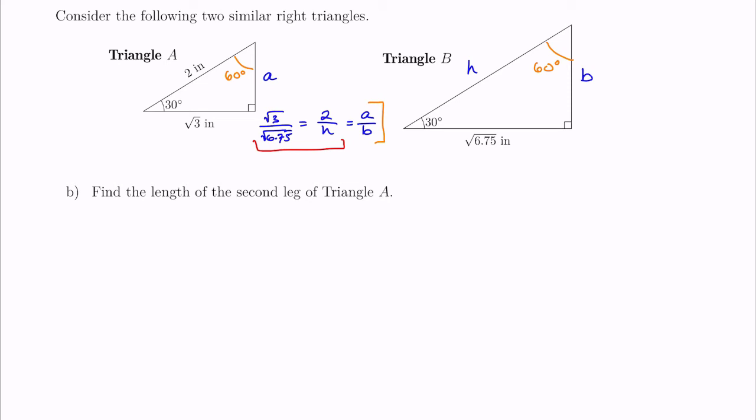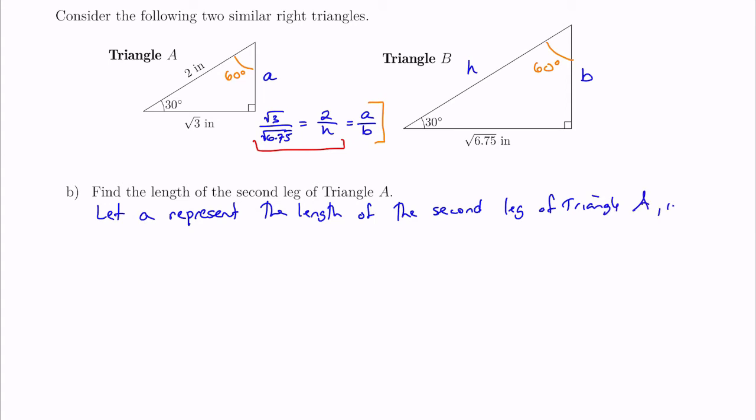I could use the fact that this is a right triangle and use the Pythagorean theorem. To approach it from the Pythagorean theorem, I will first define that A is the length of the second leg of triangle A. Again, making note that this will be measured in inches.